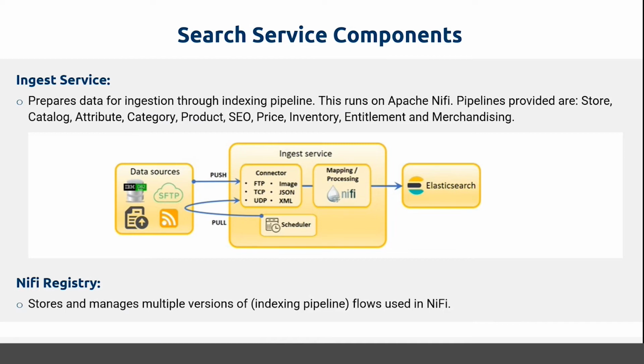Now, there are different pipelines provided, which include pipelines for store, catalog, attribute, category, product, SEO, price, inventory, entitlement, and merchandising.